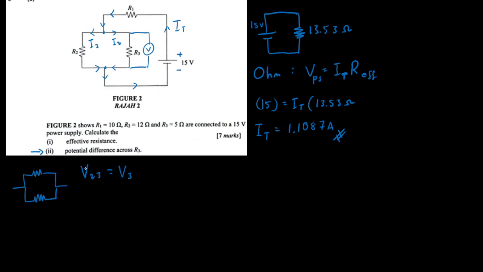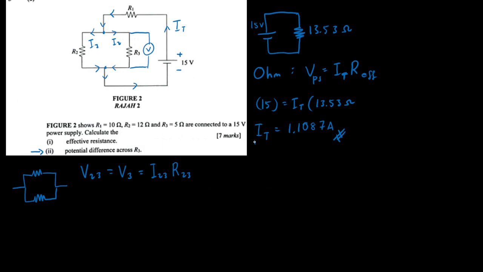My V23 is simply going to be my I23, which is the same as my I total, multiplied by my resistance of R2 and R3 combined.